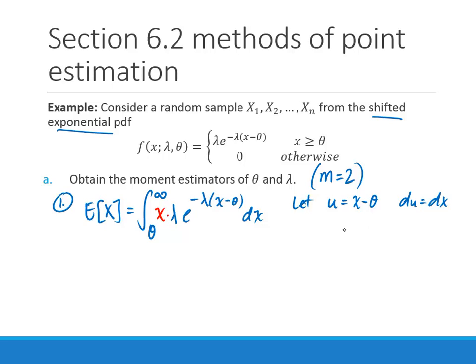If u equals x minus theta, x equals u plus theta. So this is equal to the integral, and now my endpoints shift from theta to infinity to just 0 to infinity. And I have here a u plus theta times lambda e to the negative lambda u du.